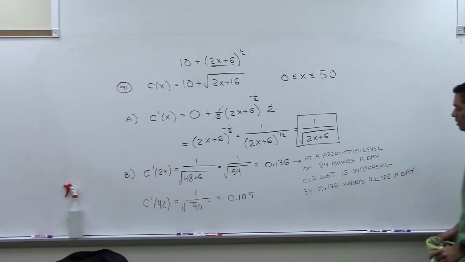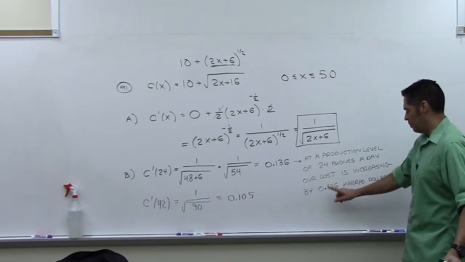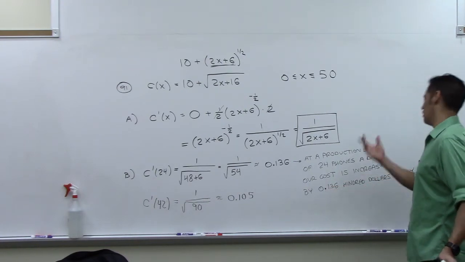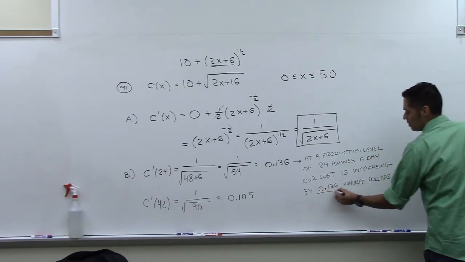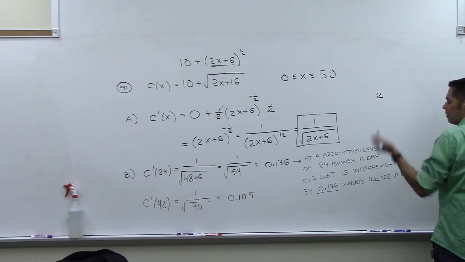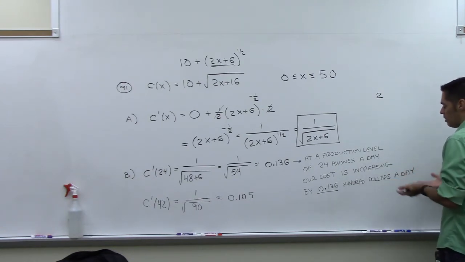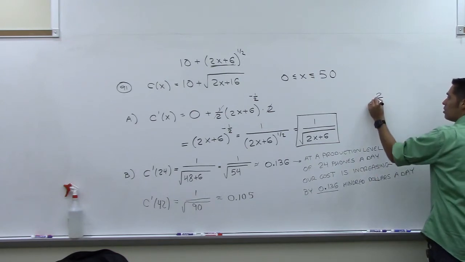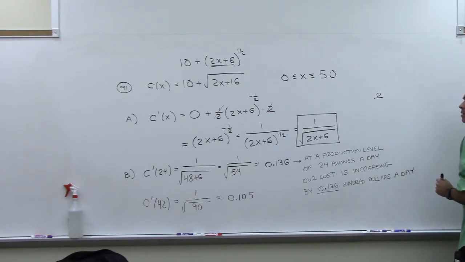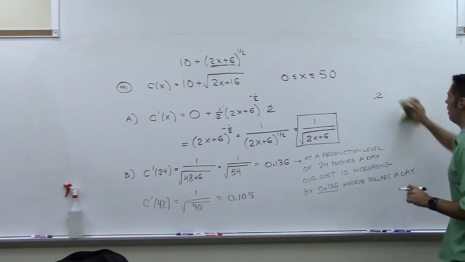Okay, so what does this mean? 0.136 times $100. Remember, everything was measured in $100. So let me try to make this a little easier. What if this number was 2? Then the cost would be increasing by $200 per day. Let me do it with 1, it might be easier.